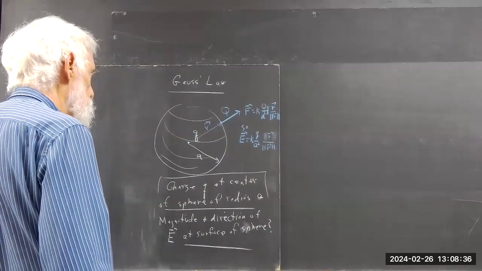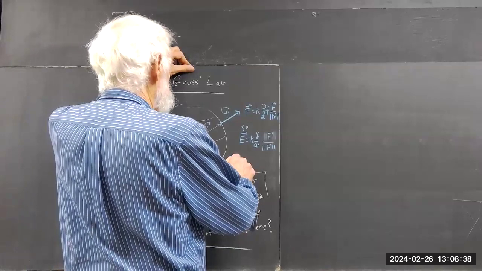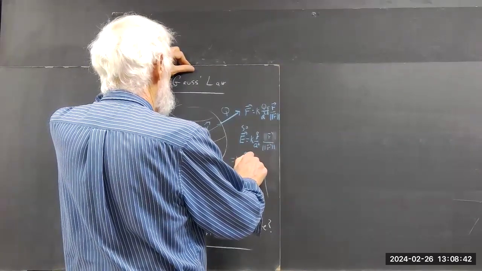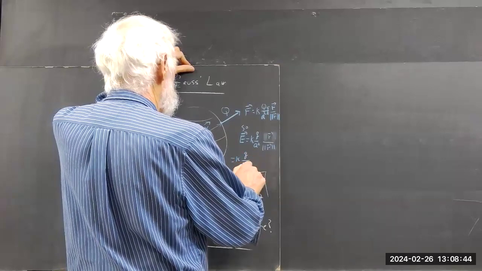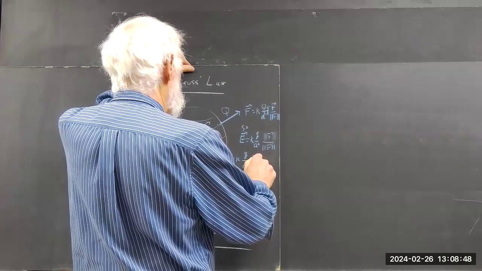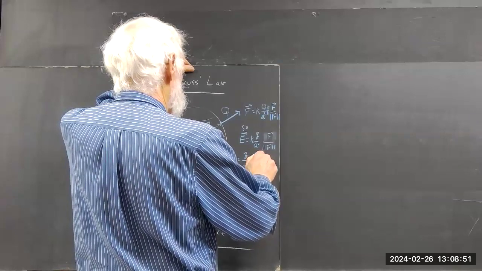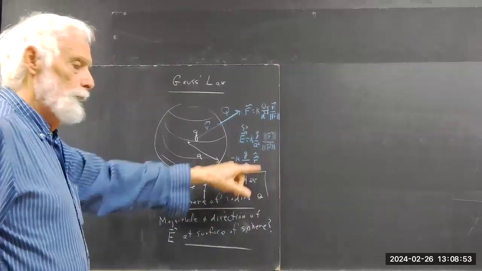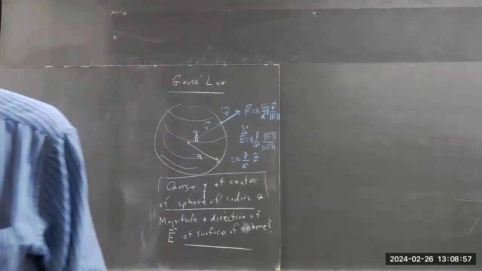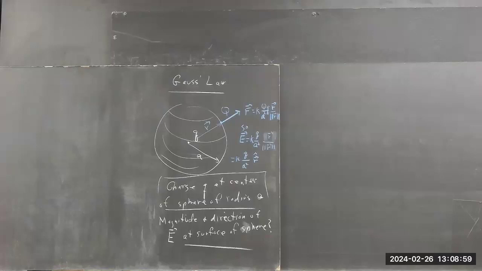Okay. This could actually be that K Q over A squared times R hat, where R hat is a unit vector in the direction of R. Okay.